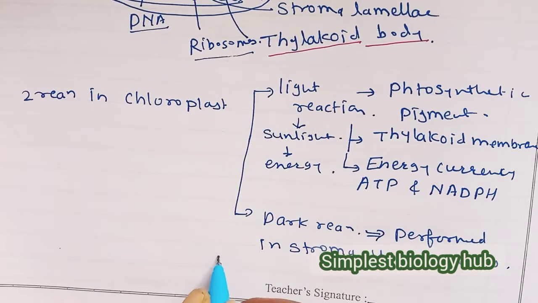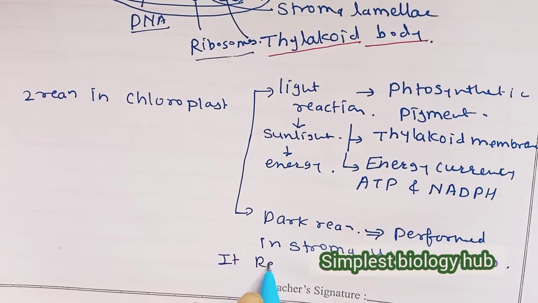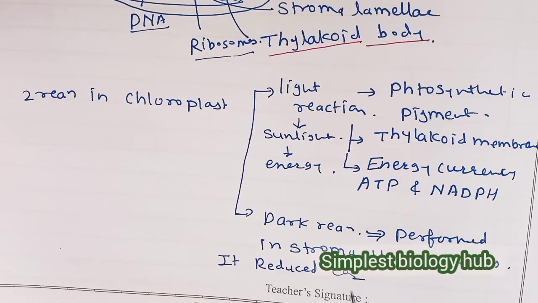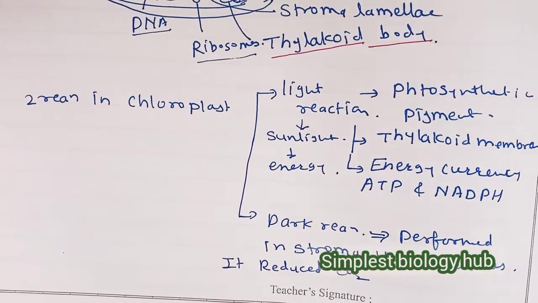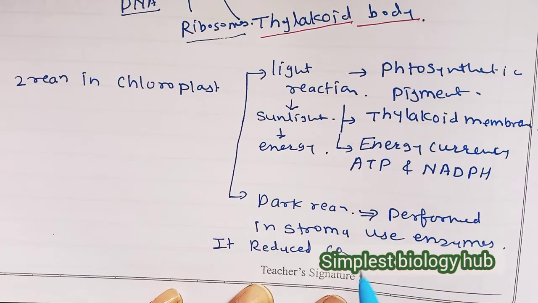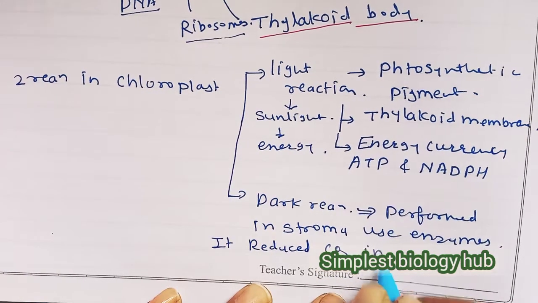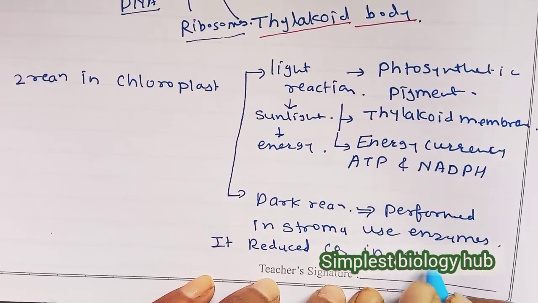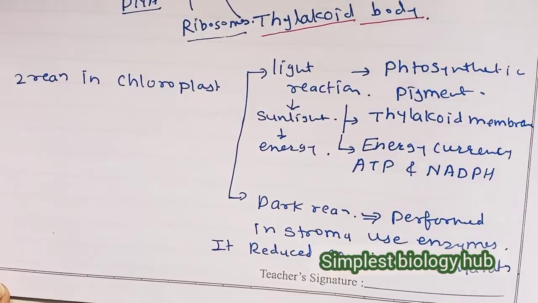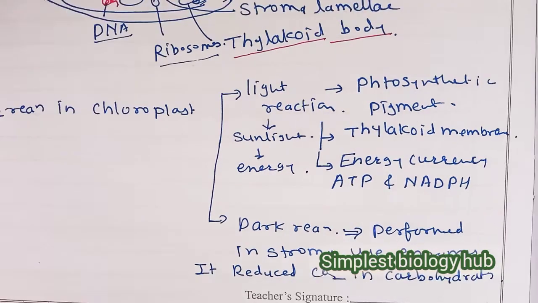And what happens? It reduces CO2. We know that carbon dioxide is used as a raw material in photosynthesis. That CO2 is reduced in the dark reaction and converted into carbohydrate.